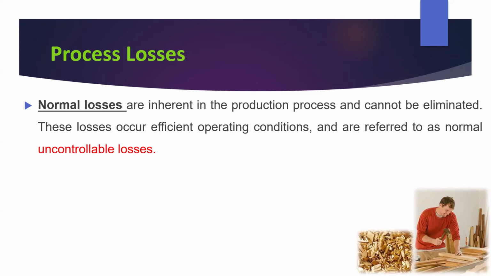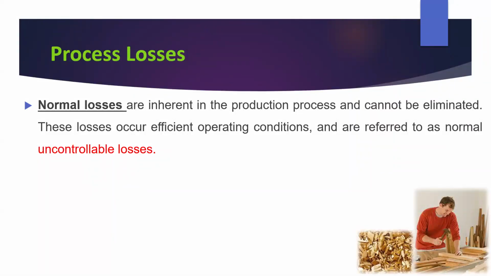It's normal. We can't attach all the things into the chair. That's what is called the normal loss. It cannot be eliminated, it cannot be controlled, and it is normal in the production process.